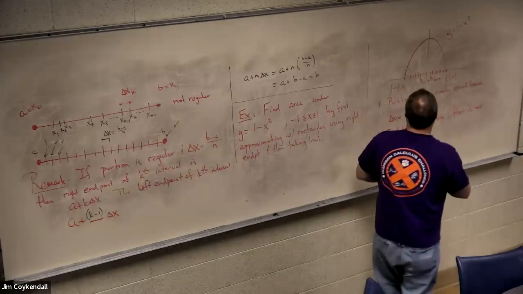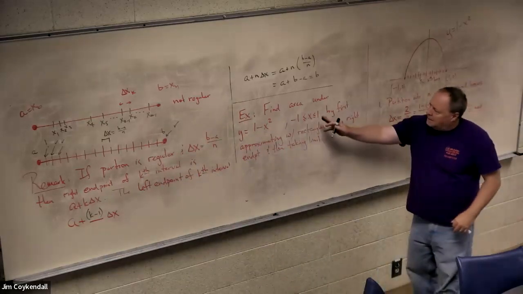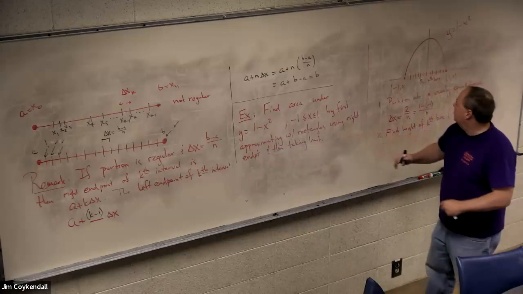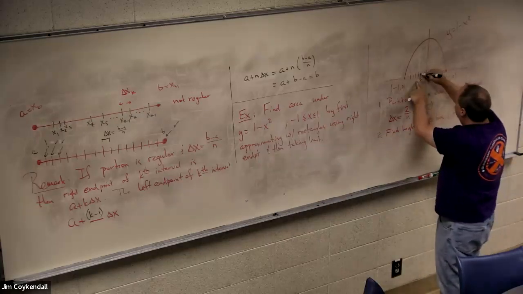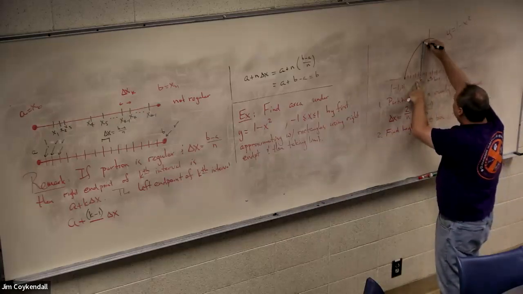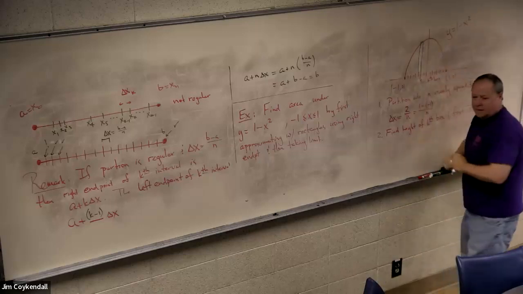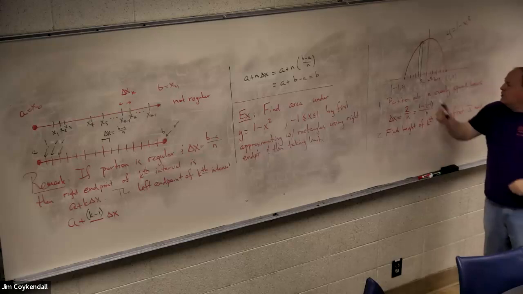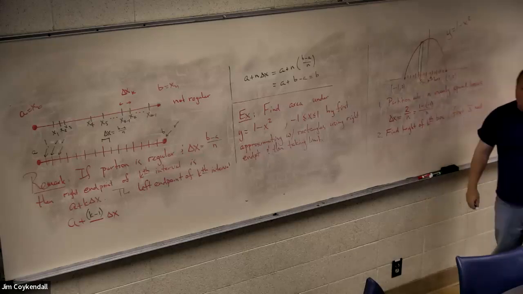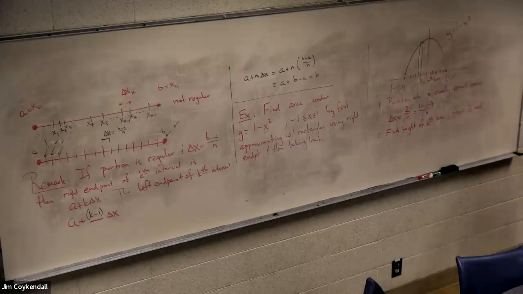The problem tells me to use the right endpoint. So if this is the kth interval, I'm going to use the right endpoint to determine the height. And how am I going to determine height? I take my right endpoint and do what with it?